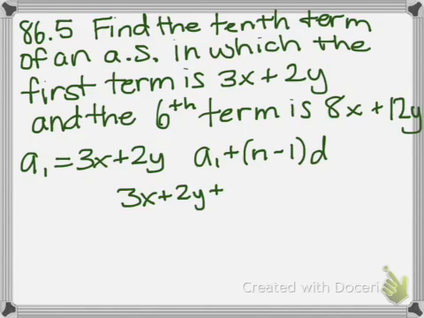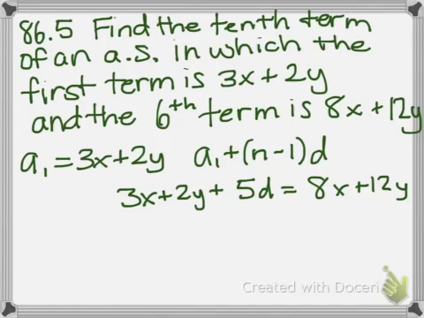So we can do 3x plus 2y plus, and now we have the 6th term. So n minus 1, 6 minus 1 is 5 times d, and that is going to equal 8x plus 12y.